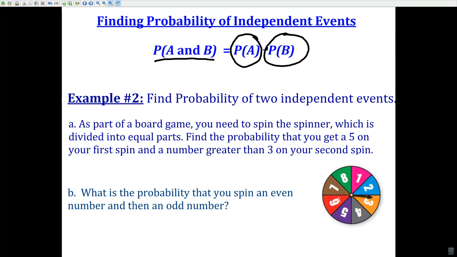Find the probability you'll get a 5 on the first spin, and a number greater than 3 on the second spin. So first off, you have 8 things you could spin on, right? So let's write the probability of A is 1 of 8, because there's 8 dials you can spin on. 1 divided by 8.